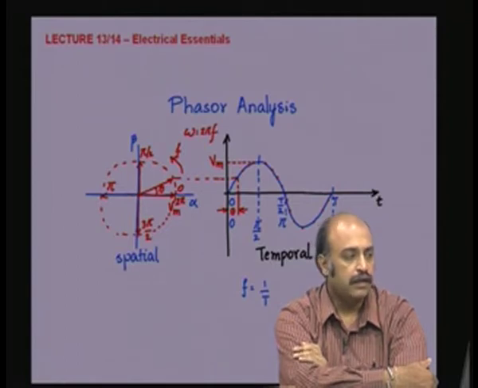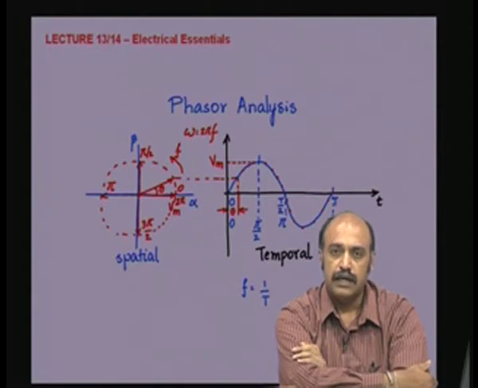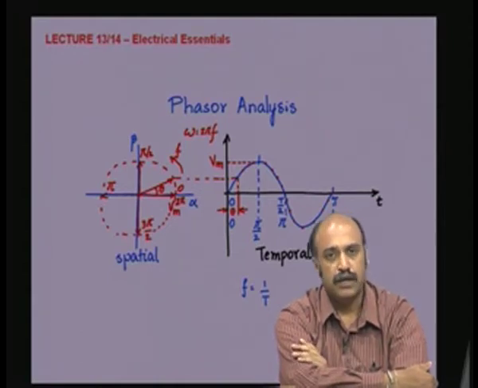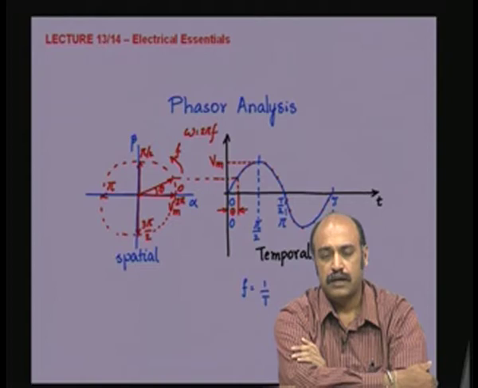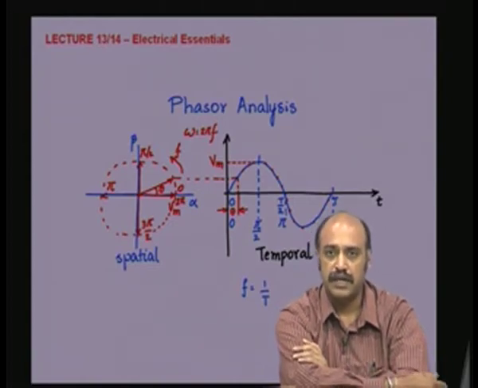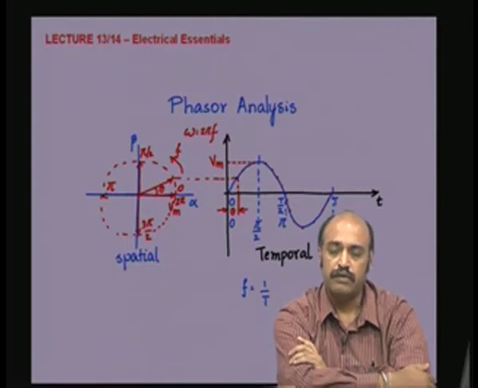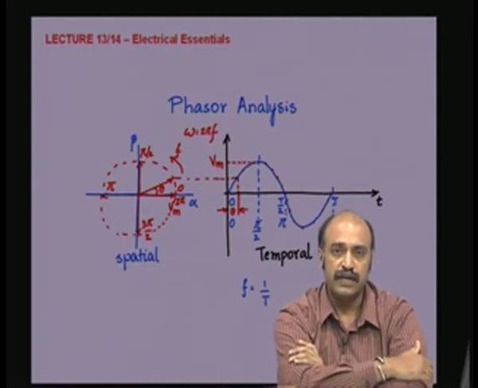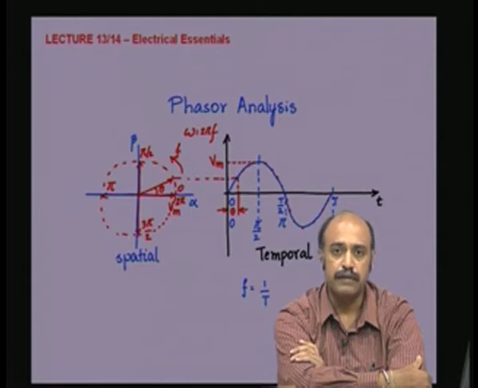Then lectures 13 and 14, as I said, the electrical circuits and equipments have a graphical representation also. You have a mathematical representation in the form of equations. You also have a graphical representation in the form of phasor diagrams.